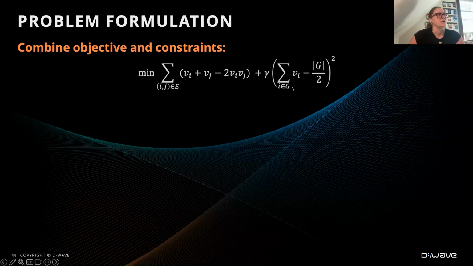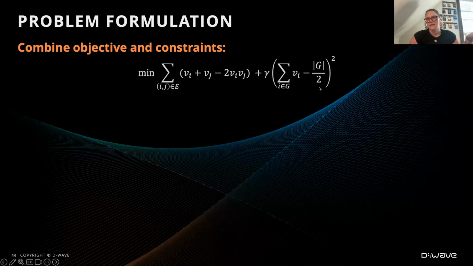So let's think about this situation. Our constraint was that we wanted all of our partitions to have equal sizes, and we wanted all of our variables to add up to be the number of operations divided by 2. So if this number equals exactly this number, then we have 0 in the parentheses.